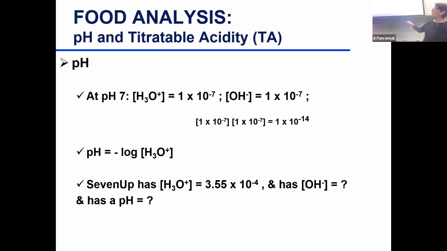So we always measure pH, which is the negative log of the hydronium ion. So using this knowledge that the product of the concentrations is always 1 times 10 to the negative 14, if you know one, calculate the other and calculate pH on your piece of paper for your extra credit.